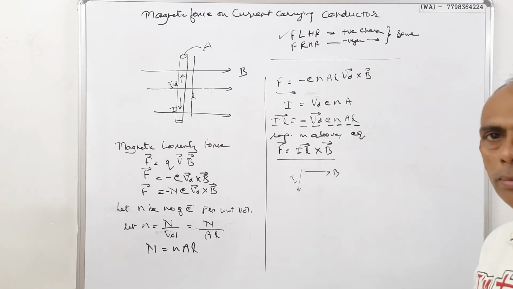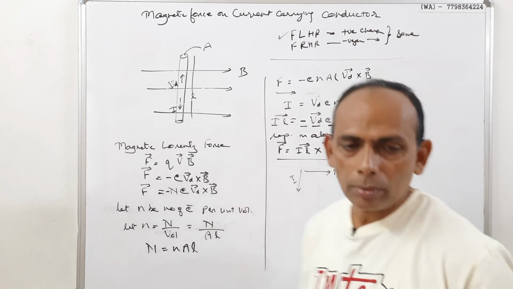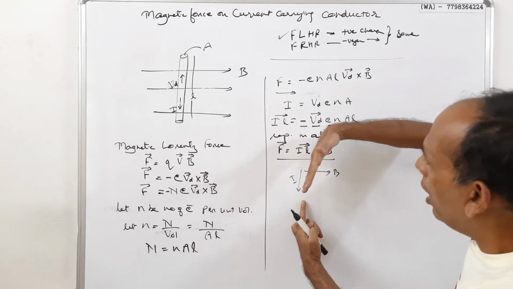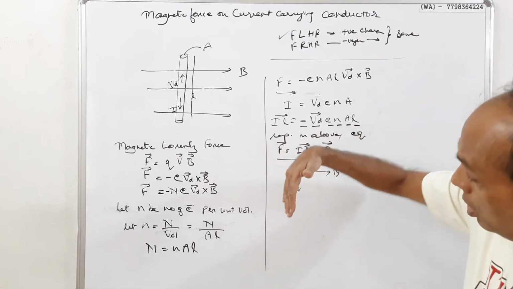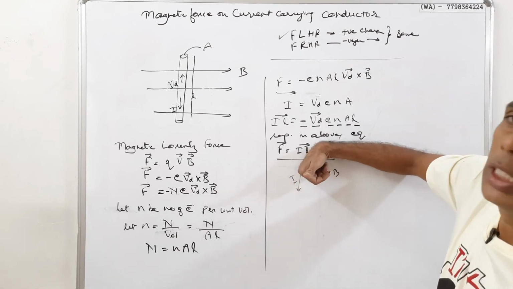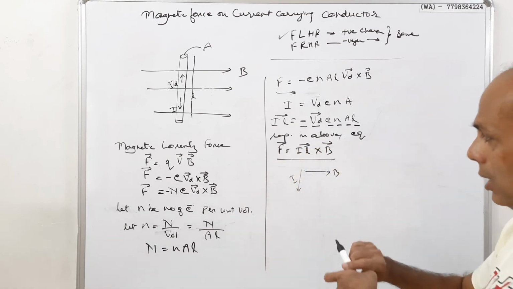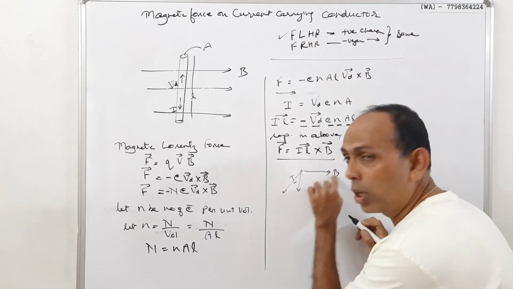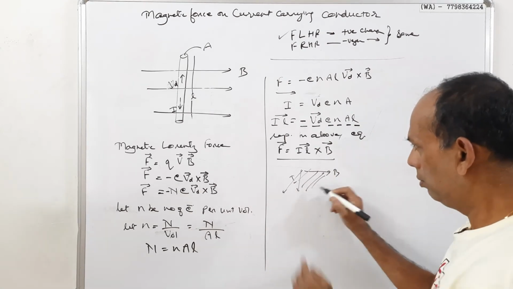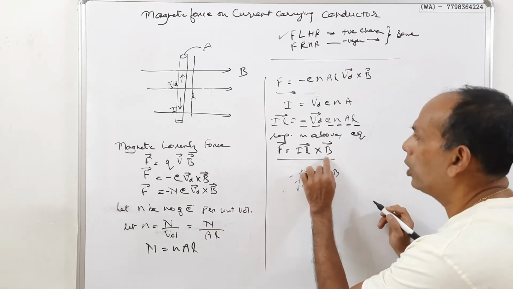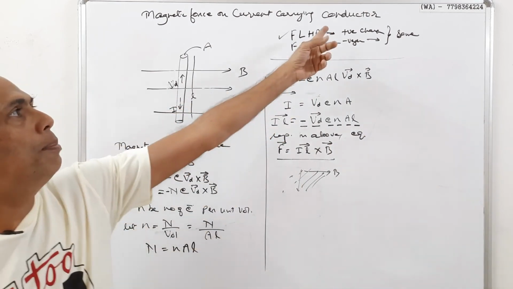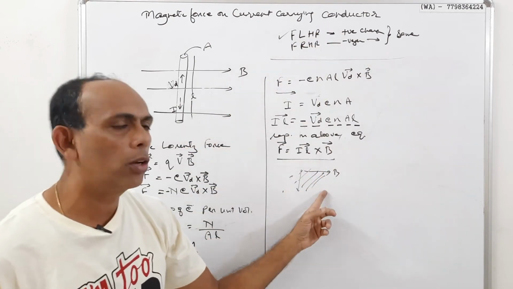You have to start from I, hold your fingers, start from I and curl the fingers towards B. Wherever your thumb is, that is the direction of the cross product of these two. The cross product of these two is perpendicular to the plane of this. So the cross product of this is nothing but a force. That is very correct because it matches with Fleming's left hand rule, by cross product it matches.